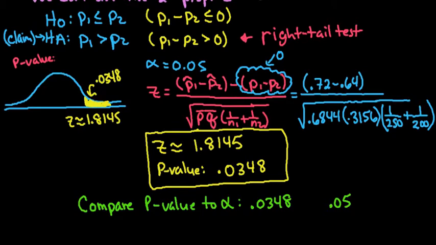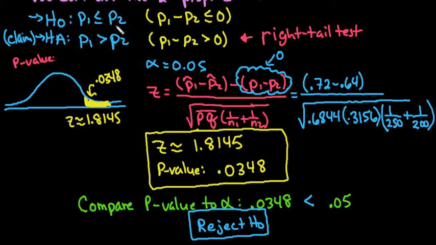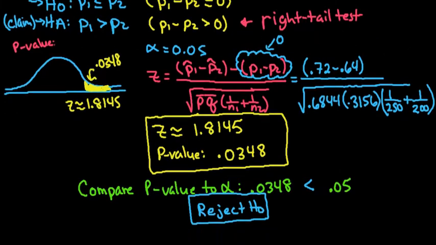So with this one, we can see that 0.0348 is less than 0.05. So since it's less than, we reject the null hypothesis. So our findings are that the null hypothesis is not true. We don't know that with certainty. It is possible that we could make an error. But the evidence from our sample, or our 2 samples, points towards the alternative being true.